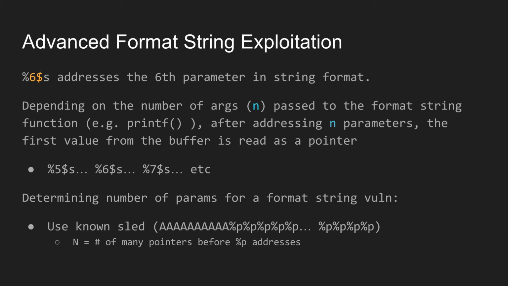One topic I did not cover earlier during our format string exploitation lecture is the fact that for the standard notation, you can actually specify which variable on the stack to reference. And that is done by the number $ sign modifier.